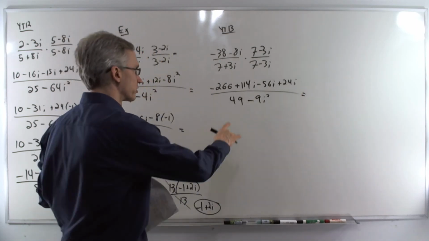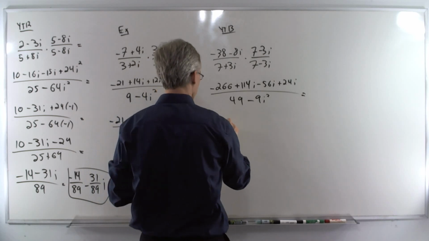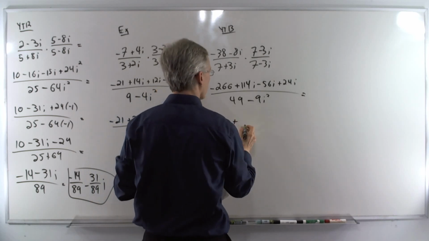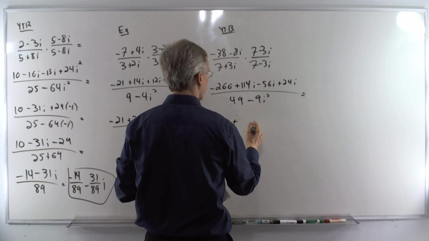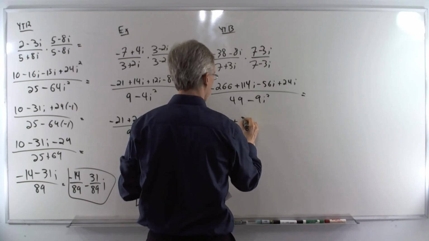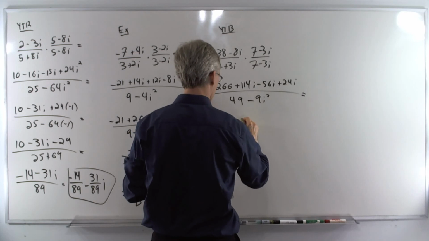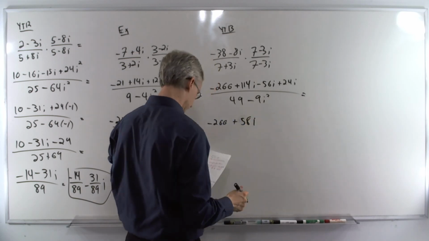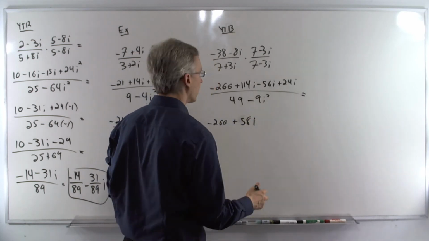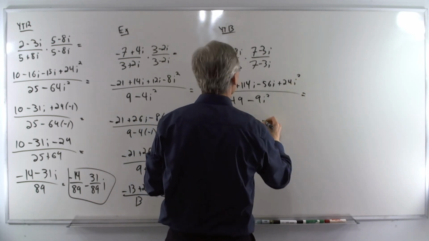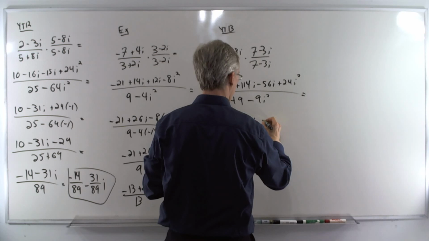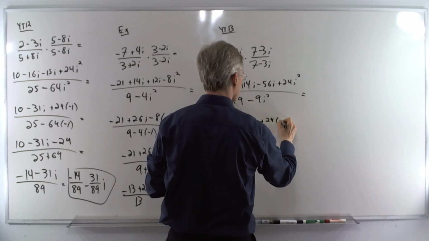Now we can combine like terms in the middle here. So we got negative 266 plus 58i. Oh, that's supposed to be i squared there. So now we've got plus 24 times negative 1 over there.